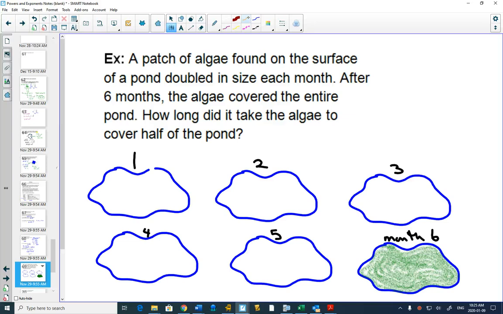It's doubling, so it would be half of it. How long did it take to cover half of it? 5 months.